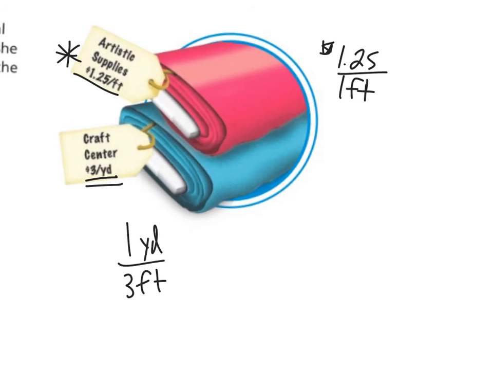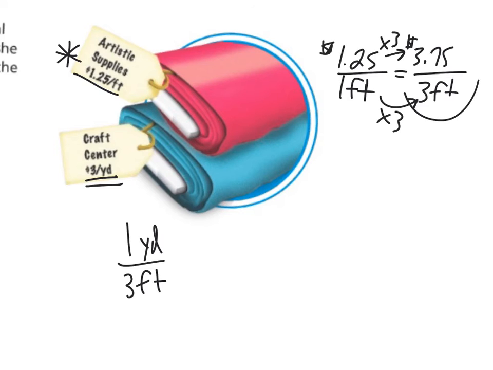So if it's $1.25 for 1 foot, then 3 feet is going to cost 3 times that amount. So that would be $3.75 per 3 feet, which means $3.75 per yard.